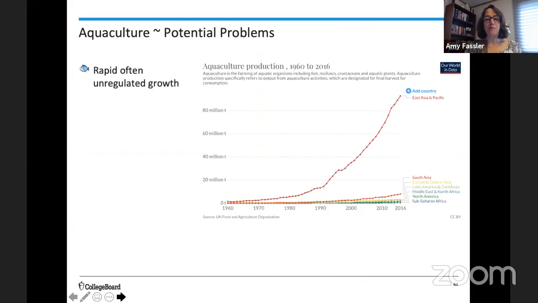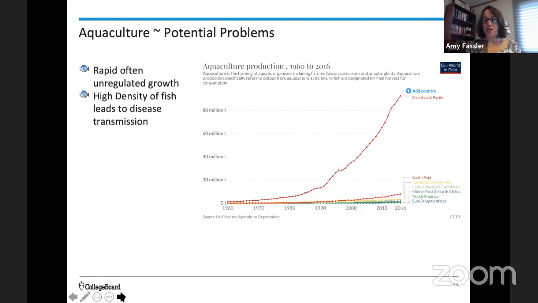So those problems, first of all, as we could tell from that previous graph, the industry has grown and it isn't very regulated. It has grown so fast that the ability to sort of monitor what's happening and where those fish farms are springing up is very challenging.